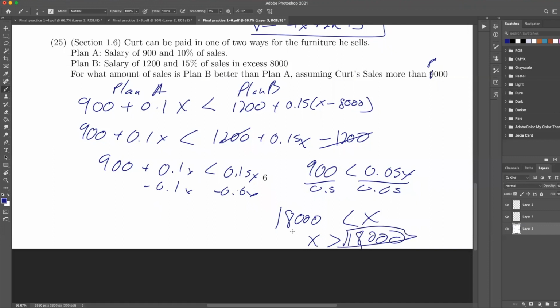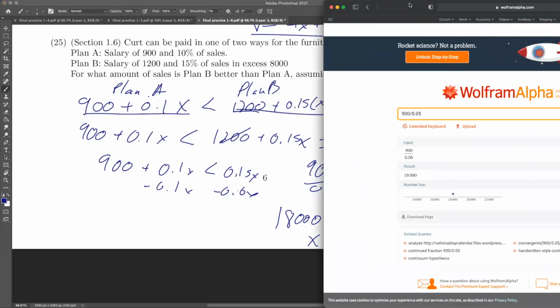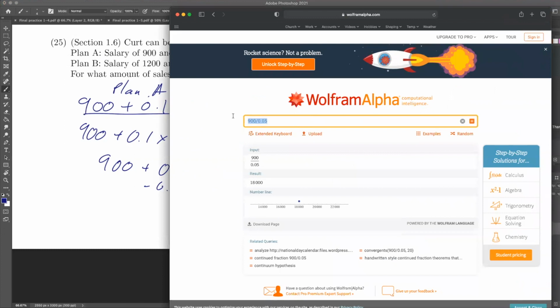Okay. So to set this up, you just write plan A. Plan A is he makes $900, plus 10% of the sales after that. And here he makes 1,200 plus 15% of sales over 8,000. So this is plan B. You just write this, you solve the inequality. I'm pretty sure once you write it out, this will just solve it for you. So let's type it in.